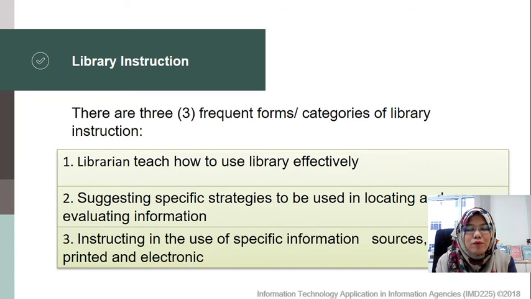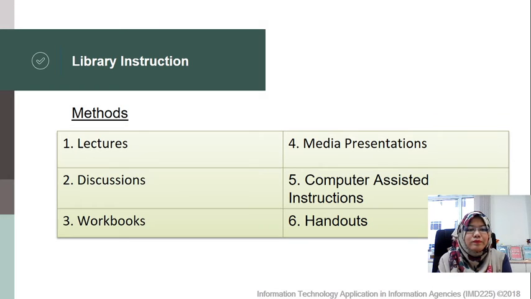They should know what is the most valuable information, what is invaluable, how to differentiate it, and how to make sure that the articles or materials they collect suit their needs. Then there is instructing in the use of specific information sources, both printed and electronic.